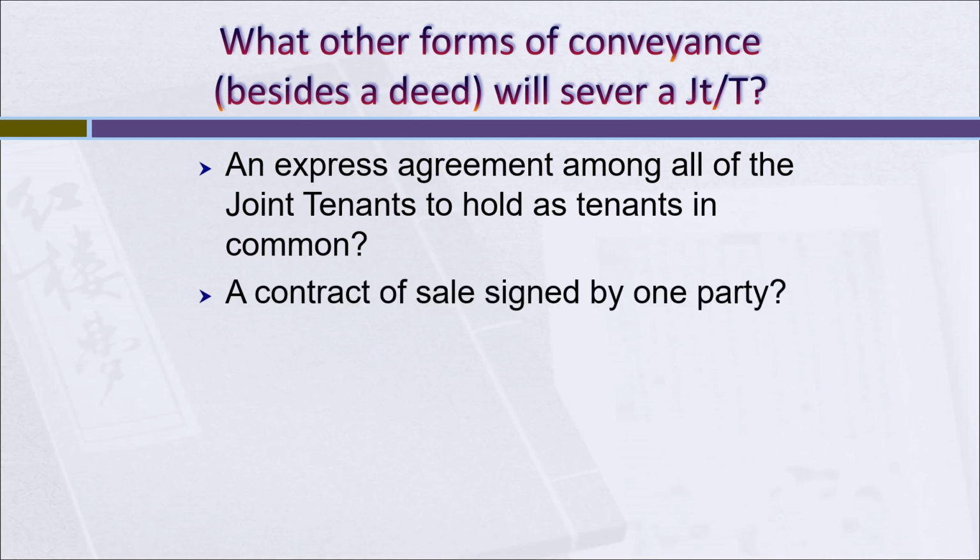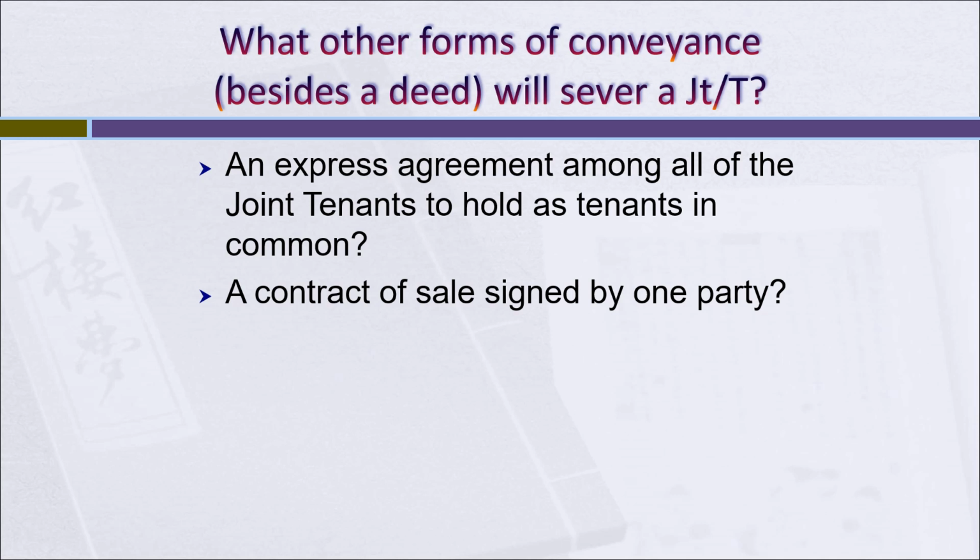What about a contract of sale that's only signed by one party? Now, you might say that's a little bit strange. Why would anybody want to buy just one party's interest in a piece of real estate? But nevertheless, sometimes one party will sign a contract of sale without the other one joining. What happens then, of course, is that now the two co-owners stand on somewhat different footings.